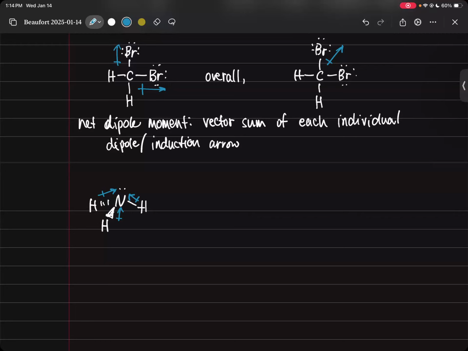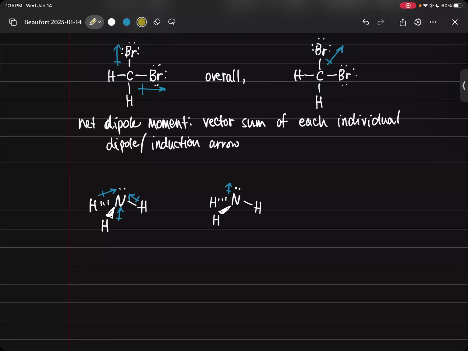So again, if you do your vector math, the horizontal component of the vectors is going to cancel, and we're going to be left with a very small net dipole moment that's pointing vertically, straight up and down.